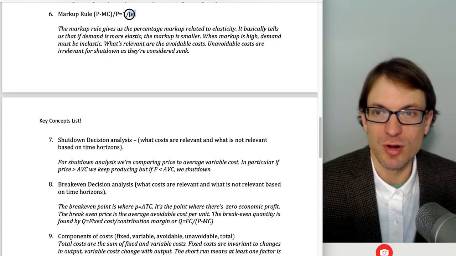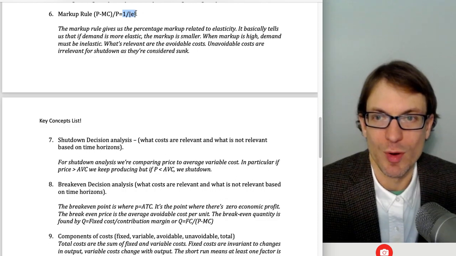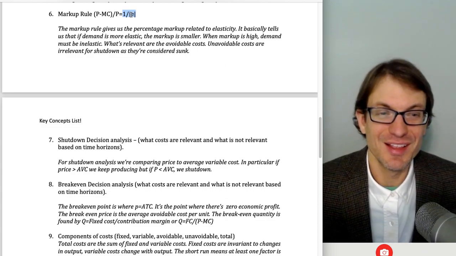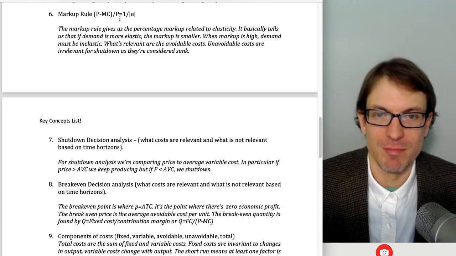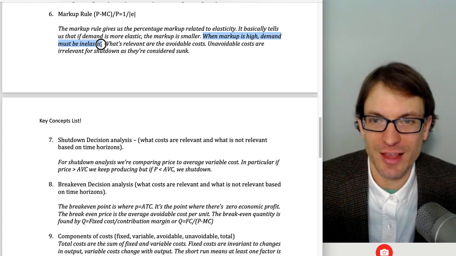If we get a smaller elasticity, more inelastic demand, think about increasingly small elasticities. So 1 over 1/2 is 2, 1 over 1/3 is 3, 1 over 1/10 is 10, 1 over 1/1,000,000th is 1 million. The more inelastic the demand, the larger the markup. So that's the idea. When markup is high, demand must be inelastic.